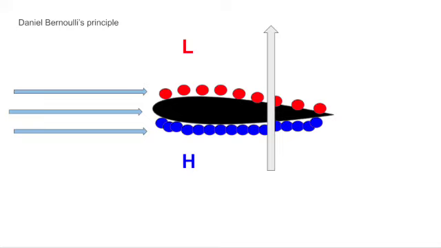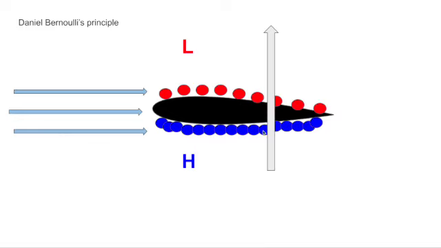So it all has to do with how quickly that air is moving. So here we have relative wind, as always, and you can kind of think of it as the air is going over the top and the air is going over the bottom.